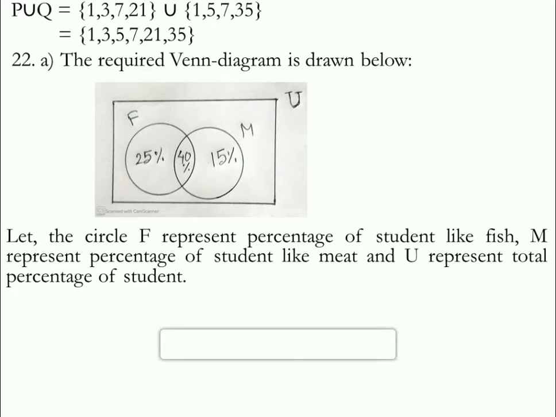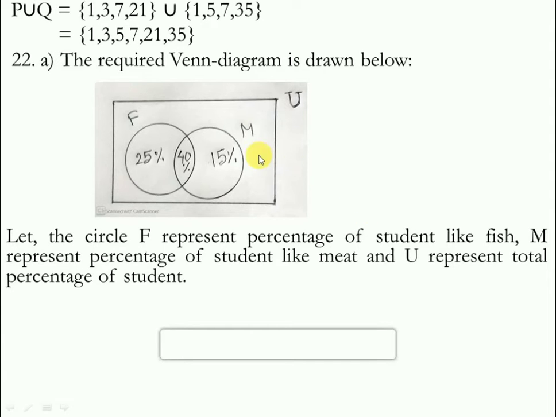Now in circle F, what you can see in the Venn diagram, here is 25% and here is 40% and here is 15%. Now look at this F circle. If you calculate 25 and 40, that becomes 65. So in the total F circle you got 65%. That was given in the STEM, that 65% of students like fish.